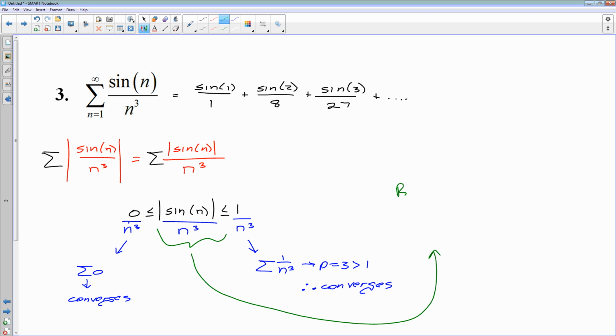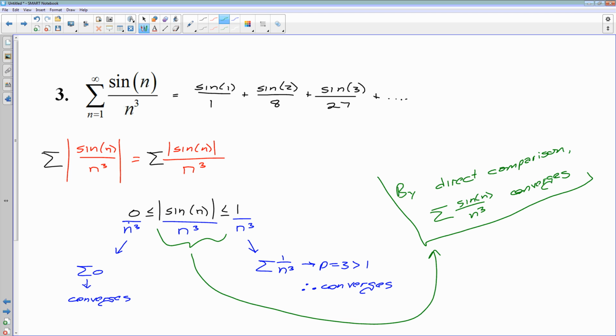By direct comparison, extremely closely related to the squeeze theorem, I know that my original series will converge. So sine n over n cubed converges. There we go. Sounded kind of funny as I was saying it, so whatever. So that one will converge because I know that it's less than 1 over n cubed, which is a convergent series.